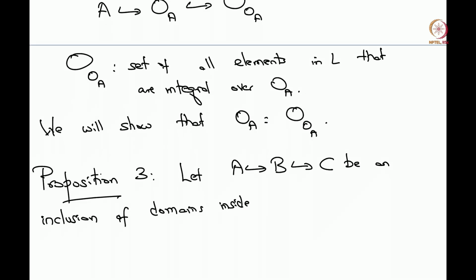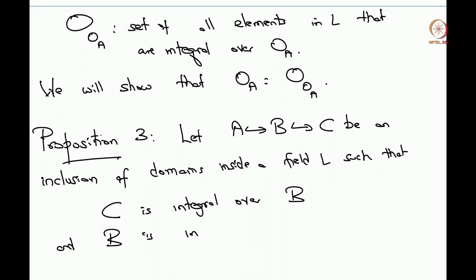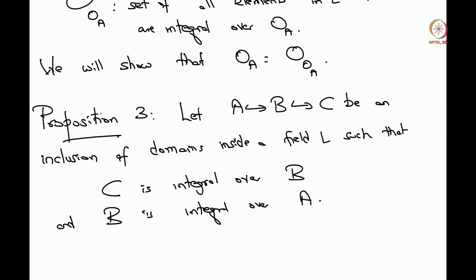So let's call that common field L. And the property is that C is integral over B and B is integral over A. Okay. So just as earlier, what I want to show is that this property of being integral is also transitive. Okay, so the conclusion of the proposition is that C is integral over A.